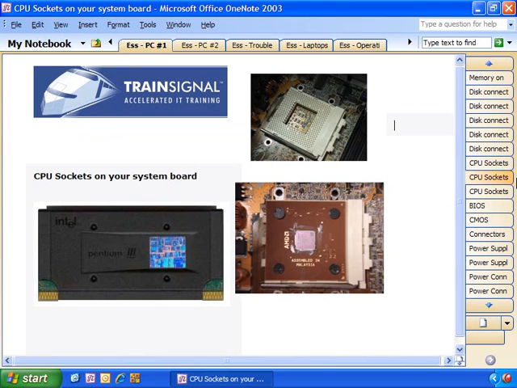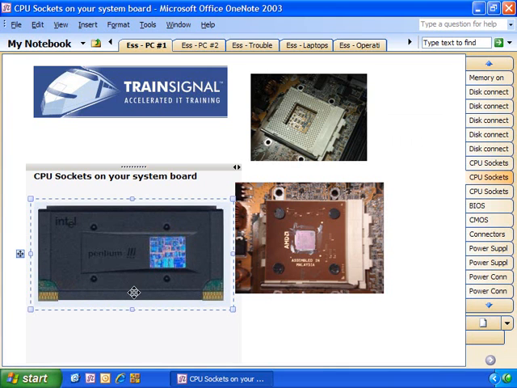So here's some pictures of some different types of CPU sockets and slots, and then the CPUs that would fit into those. So up here, this is a socket for a processor, and here is an AMD processor that's been inserted into that processor socket. Notice how you put it in there, and then it has a little arm that clamps down and holds it in.